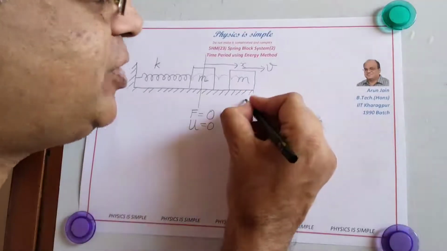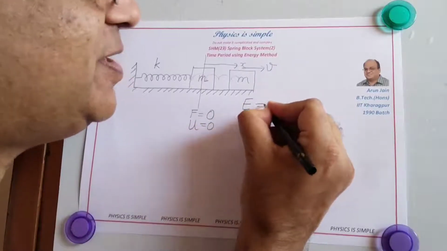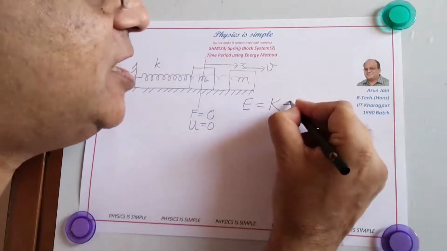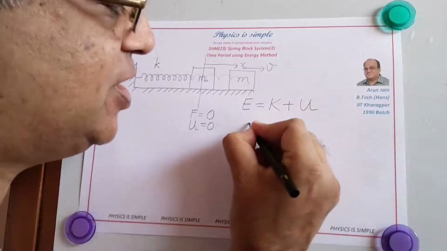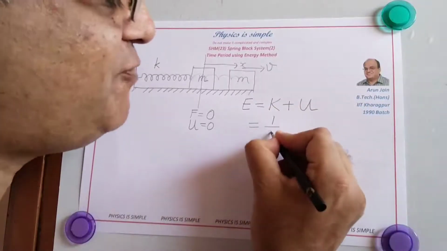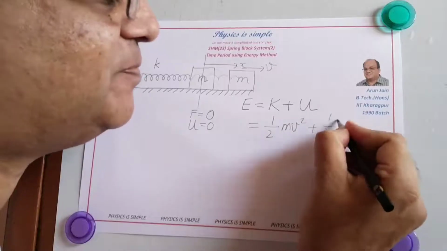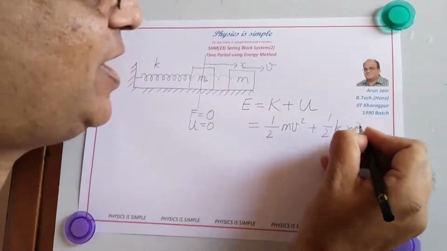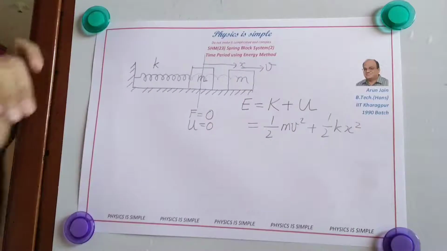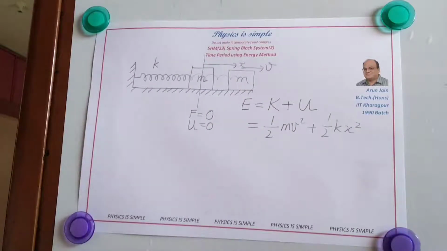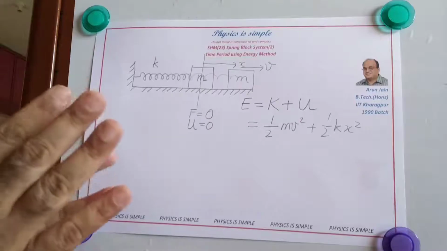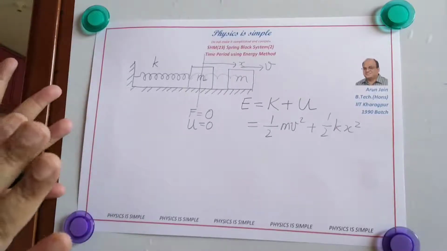Therefore, the total energy, which will be the sum of kinetic energy plus potential energy, will be equal to half mv square plus half kx square. Half mv square is the kinetic energy of the block and half kx square is the energy stored in the spring. All this is at that displaced position.